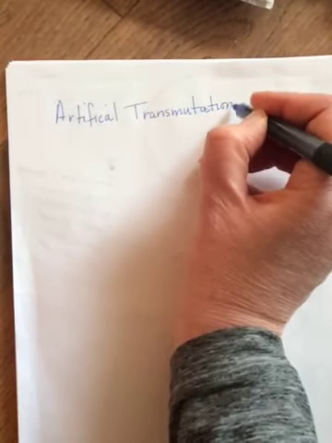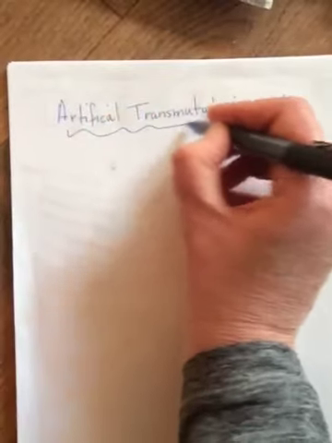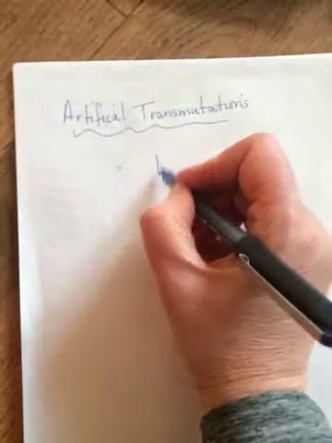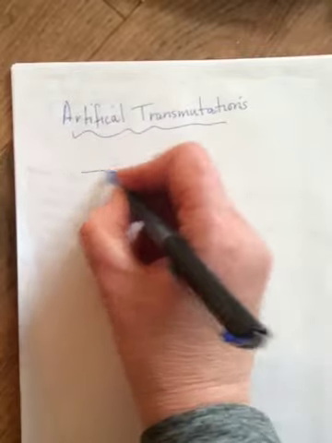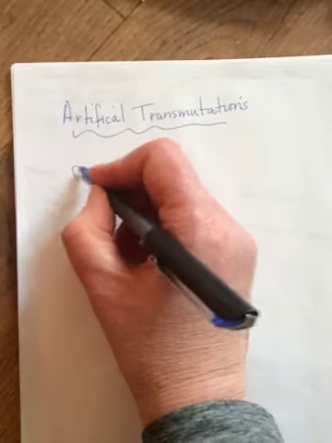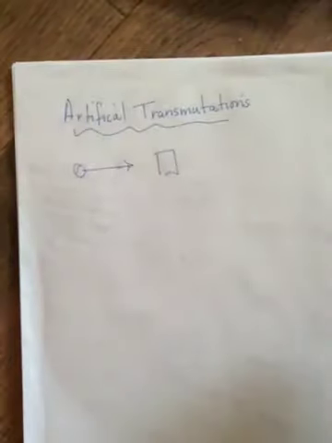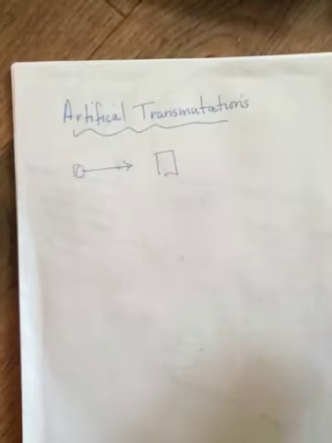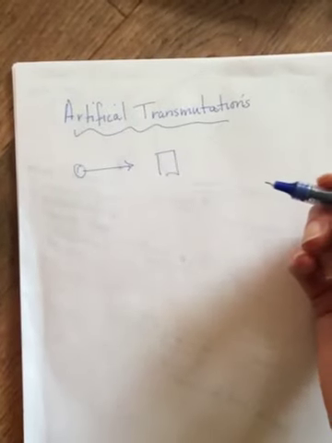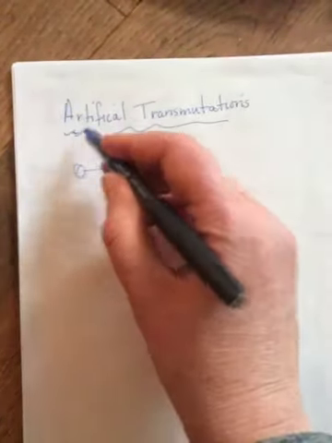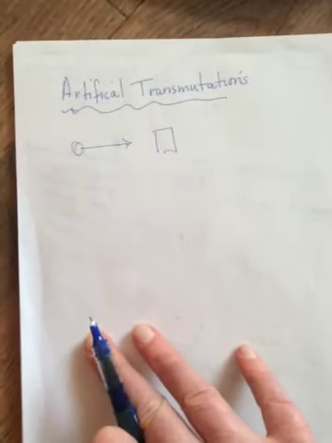We shoot a particle that we sped up in these particle accelerators at a sample, and the sample absorbs this high energy subatomic particle. The atom absorbs it, the nucleus absorbs it, it becomes unstable, and then it spits out something. Okay, so it's called artificial because it wouldn't happen on its own.